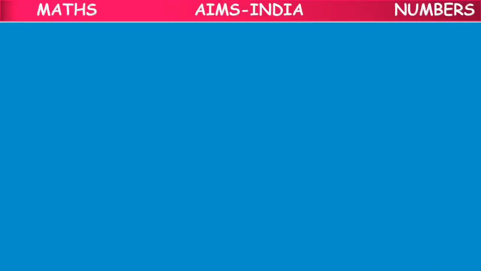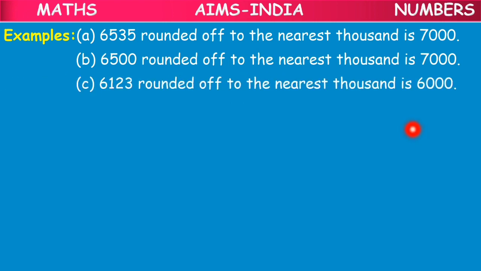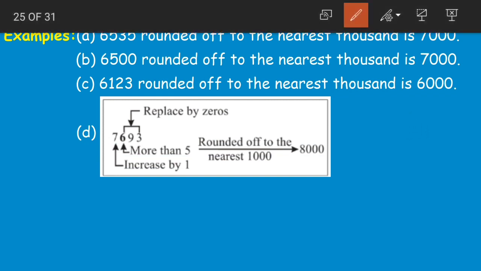Let us look at a few examples of how to round off the numbers. First example: 6535 rounded off to the nearest thousand is 7000, and 6500 rounded off to the nearest thousand is again 7000. See, here we are having 6535.